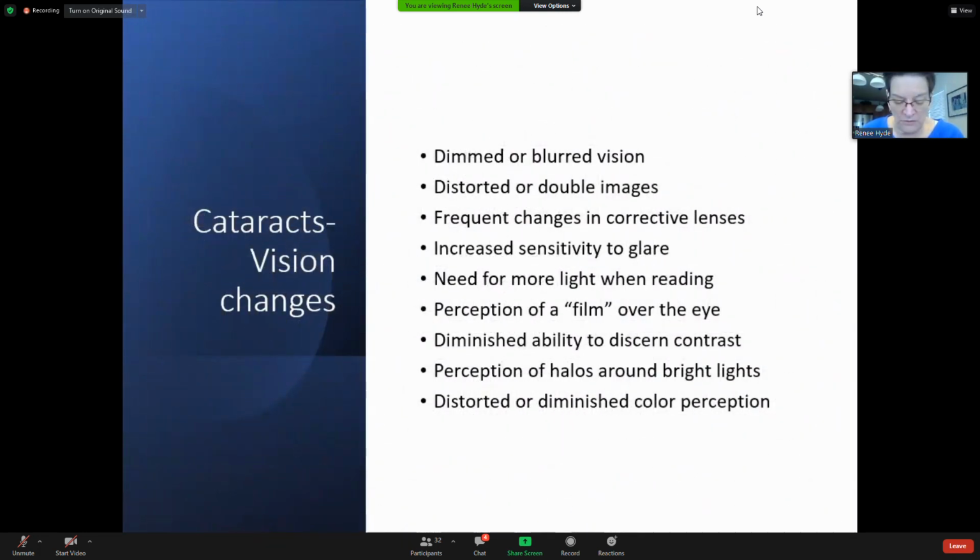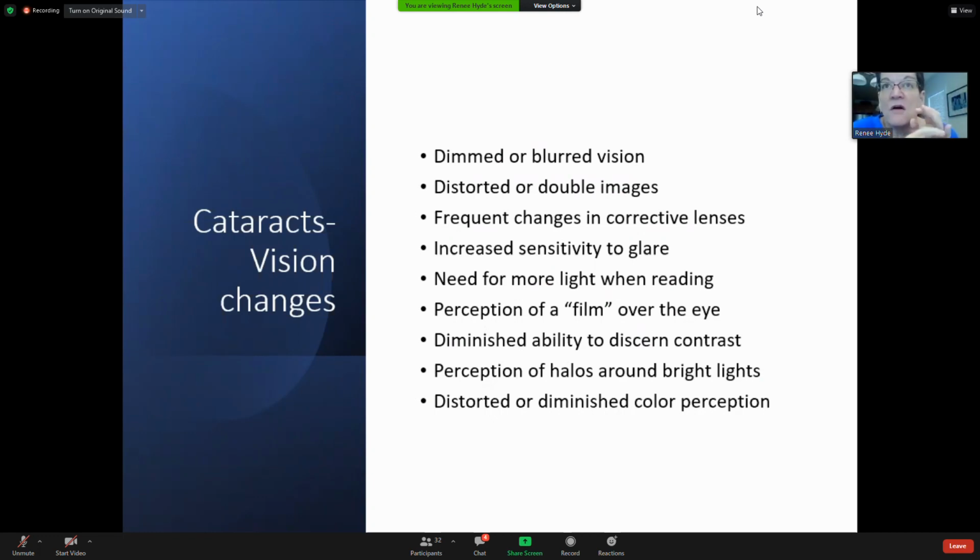Now, a little bit more about signs and symptoms. With cataract, typically they see either dimmed or blurred vision. Sometimes it can be distorted or double. The edges are not clear and crisp.